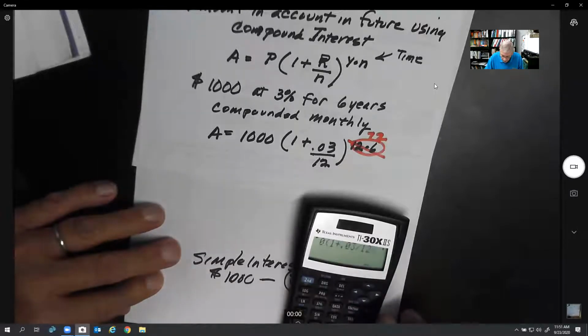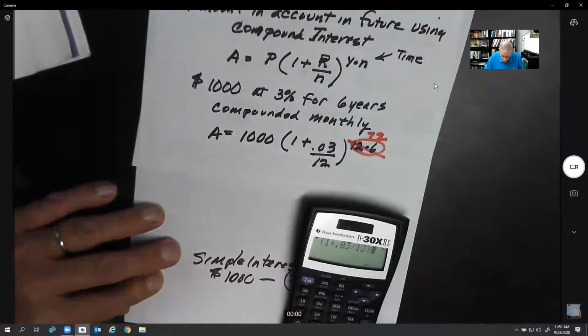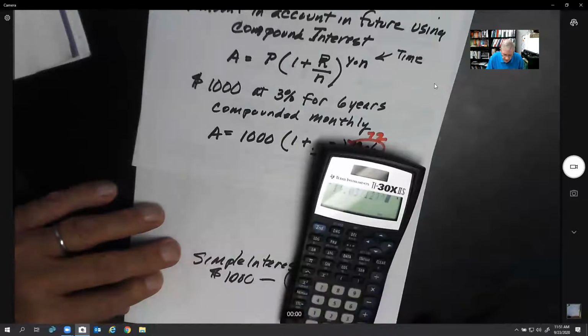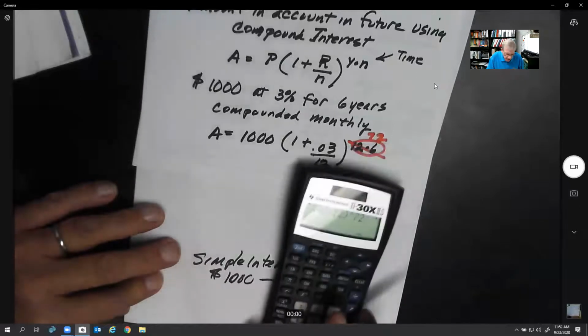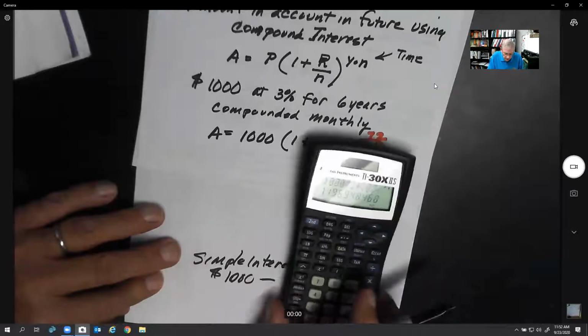I'm going to put a parentheses to end it, just like we have. And then to raise it to the 72, we're going to use this up arrow key right here. We're going to hit our up arrow. This will raise it to 72. So it's going to calculate all this together. Boom. Should get it right.